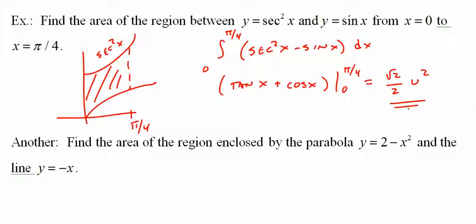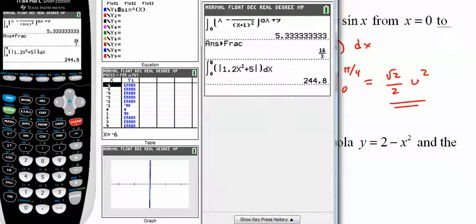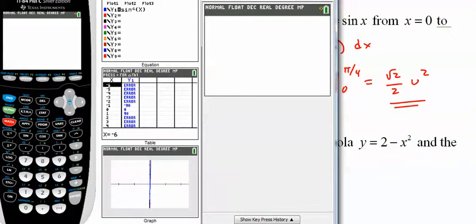That looks incredibly easy, and generally speaking, once you've set up the whole problem, the integration is not even that hard. And again, I've been doing a lot of this where I just say, we want the integration from 0 to pi over 4.